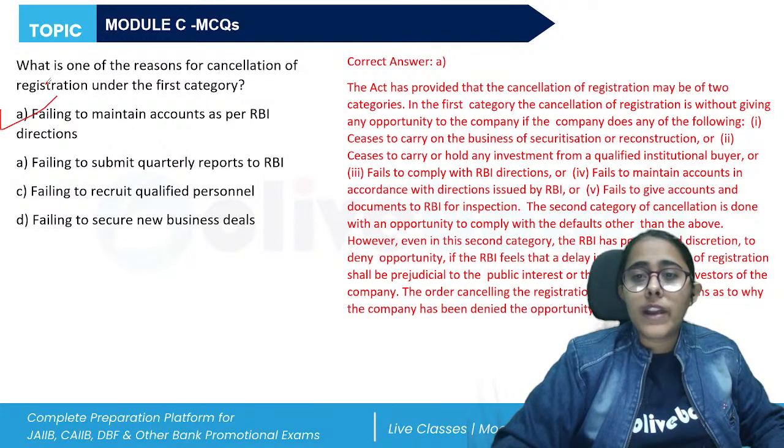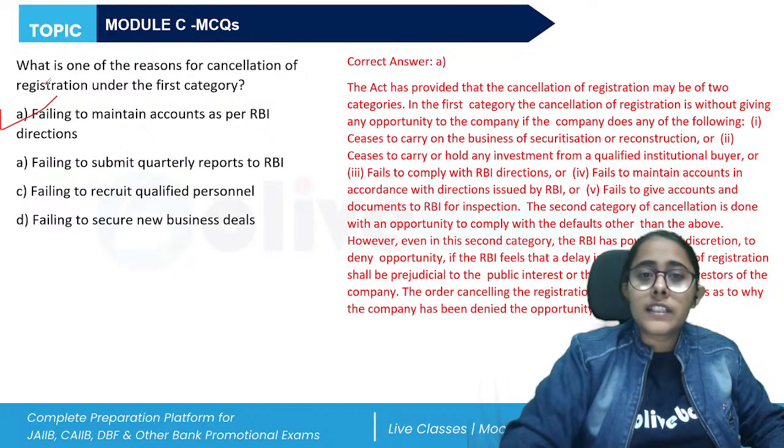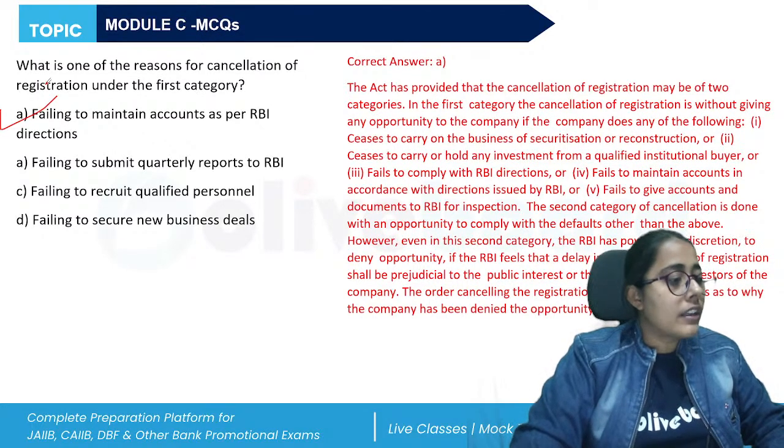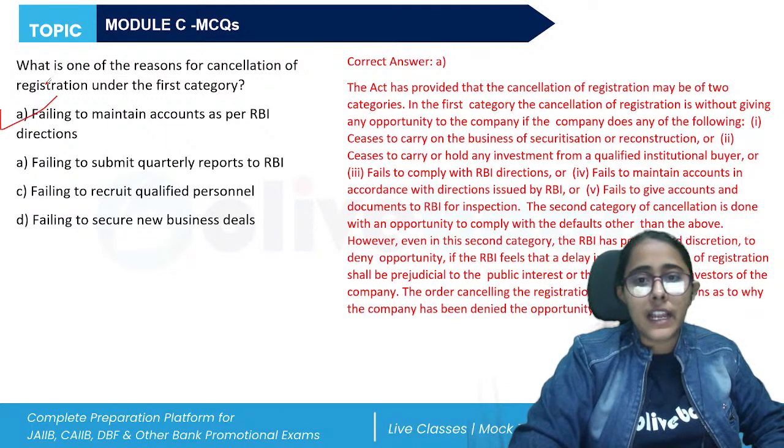So the Act has provided that the cancellation of registration may be in two categories. First, if they cease to carry on the business of securitization, if they're not able to carry out the business for which they were established, that is securitization or reconstruction, or they fail to comply with the RBI guidelines, they fail to maintain records, they carry on or hold any investment from a qualified institutional buyer, they fail to give accounts and documents to RBI for inspection, right?